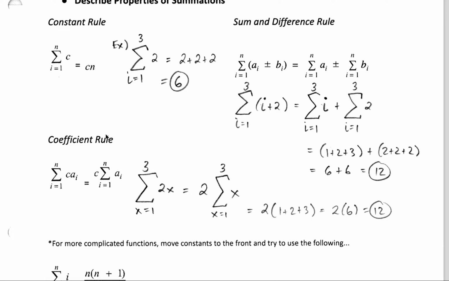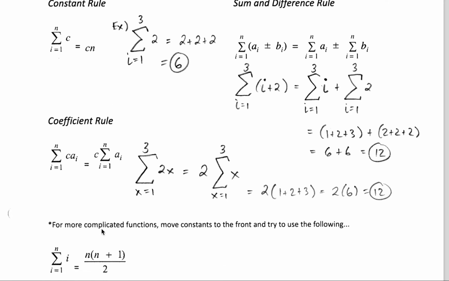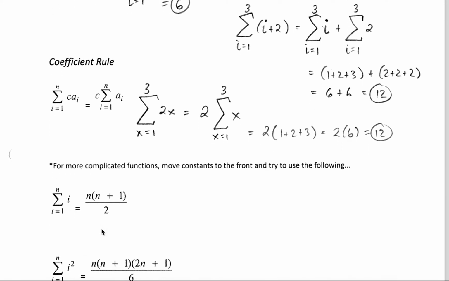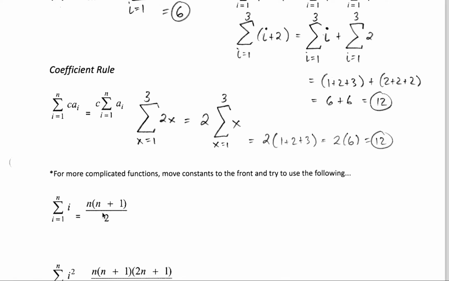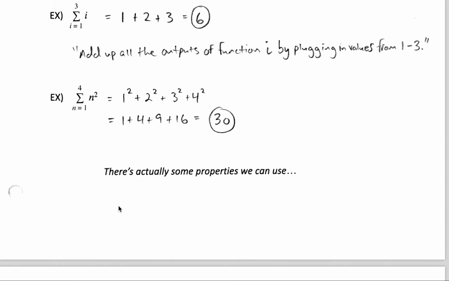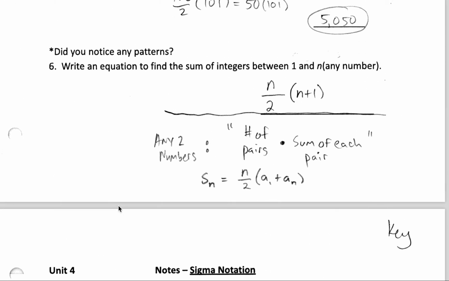So there's 3 basic rules or properties that you may use to help you. We could get a little bit more complicated, but first let's just focus back on that initial basic sum function of just a linear function. So that brings us back to here, our warm-up.